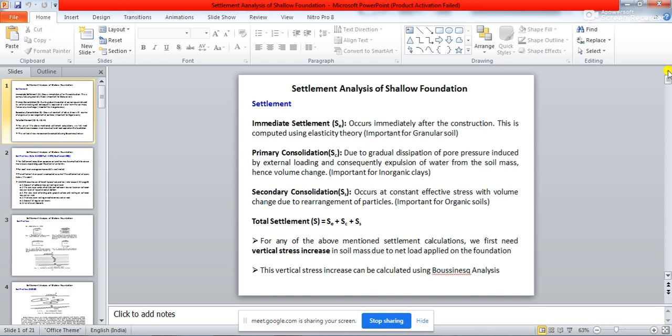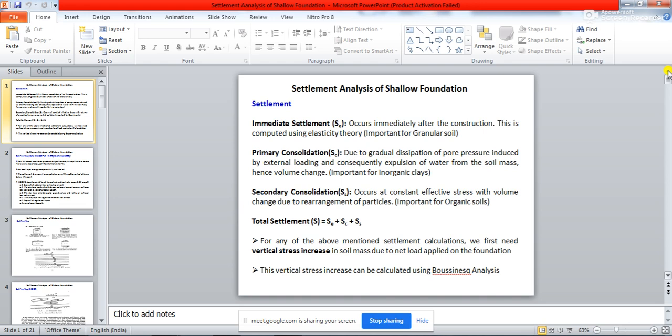Now the remaining part, how much time will be required for consolidation, is pending. We will take it up at a later date. Before that, we will discuss the codal provision: what does the Indian Standard Code say about settlement analysis of shallow foundation.